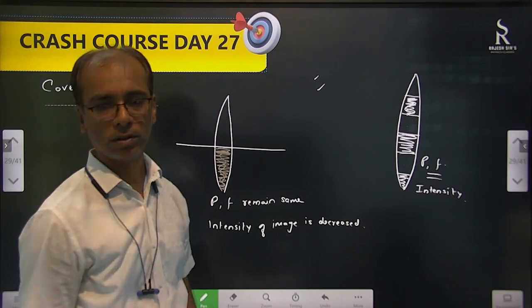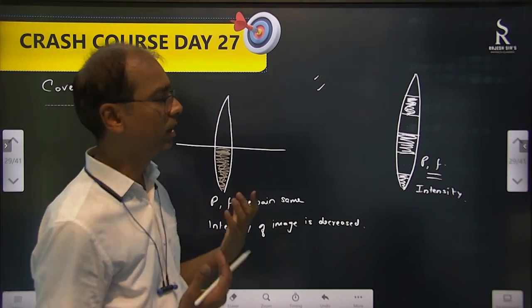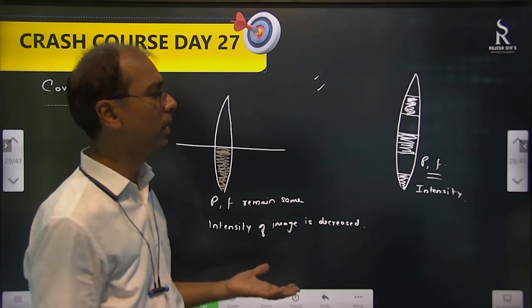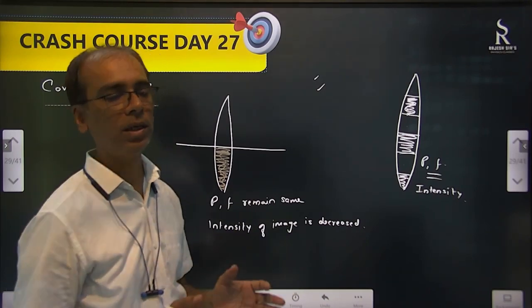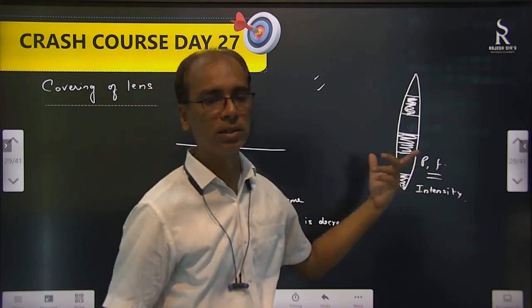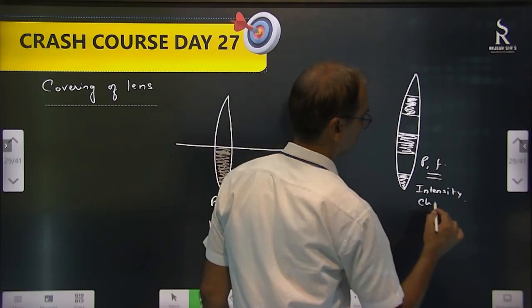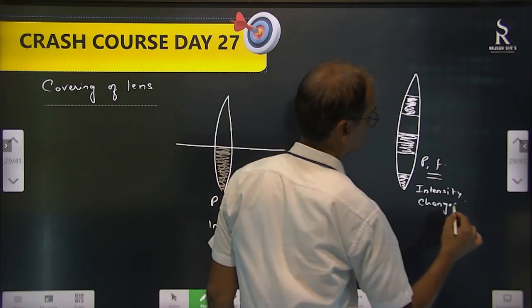There will be no change, because the incident rays still go the same way, are refracted the same way, and meet at the same point. Only now you are allowing fewer incident rays, so intensity is going to decrease. Nothing else changes.